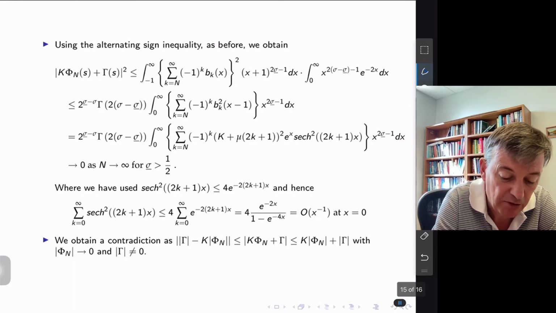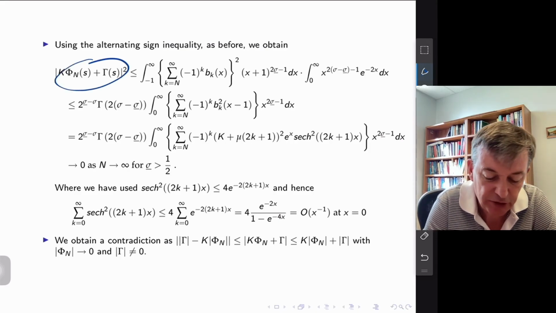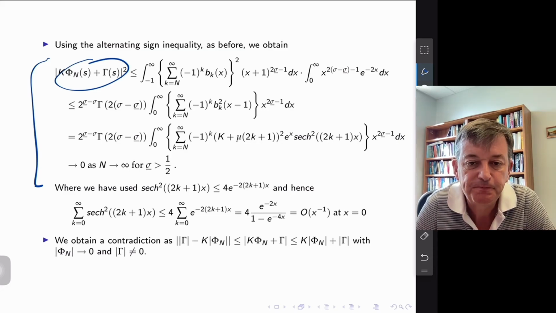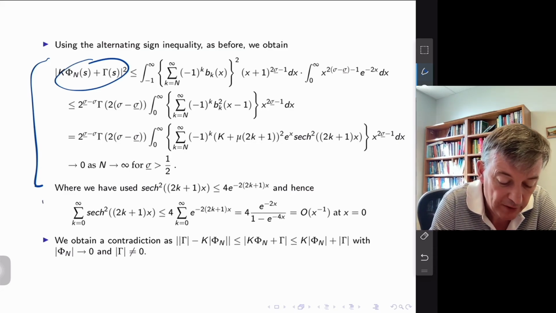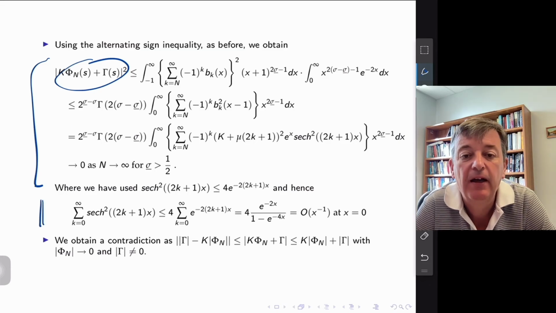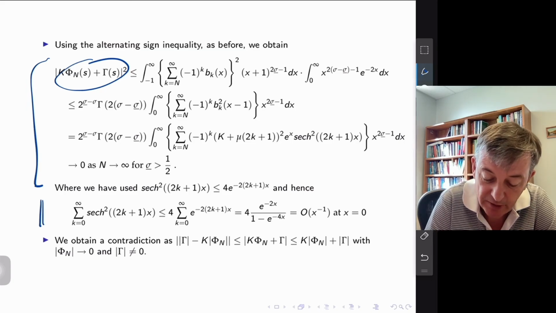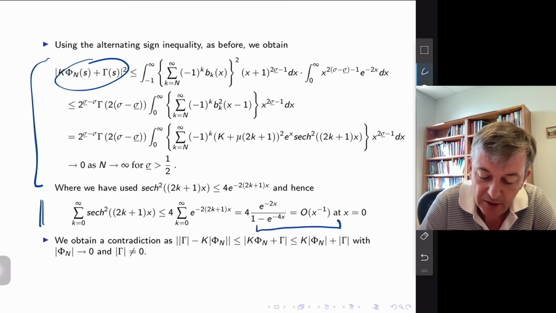Again, if I now look at the norm of the gamma function, there is some devil in the details sitting here. One inequality that's worth noting, and this is what you can use to show the hyperbolic secant version of the completeness result, is that the sum of secants is basically order 1 upon x at the origin.